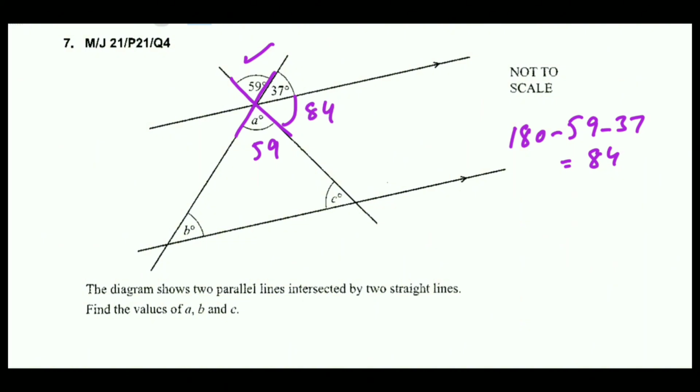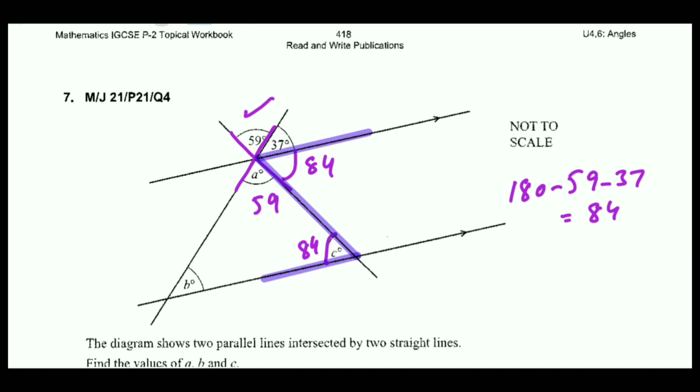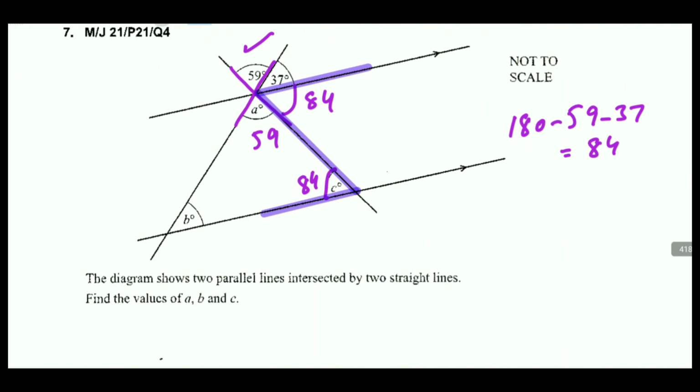If this is 84, we can see this V. If that is 84, this should also be 84 according to alternate angles. So according to alternate angles, if that is 84, then angle C will also be 84.